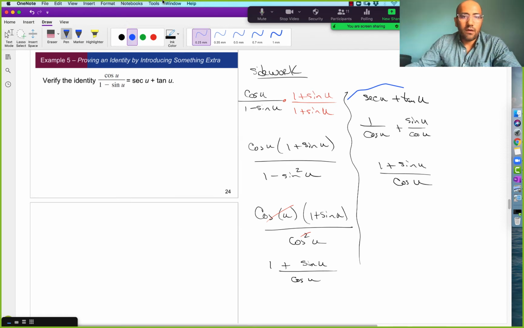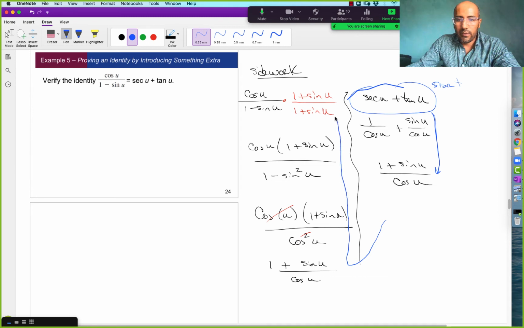Okay. So if I wanted to, I could start here and then go this way, and then this way, and then work my way up backwards and get to this way and end there.